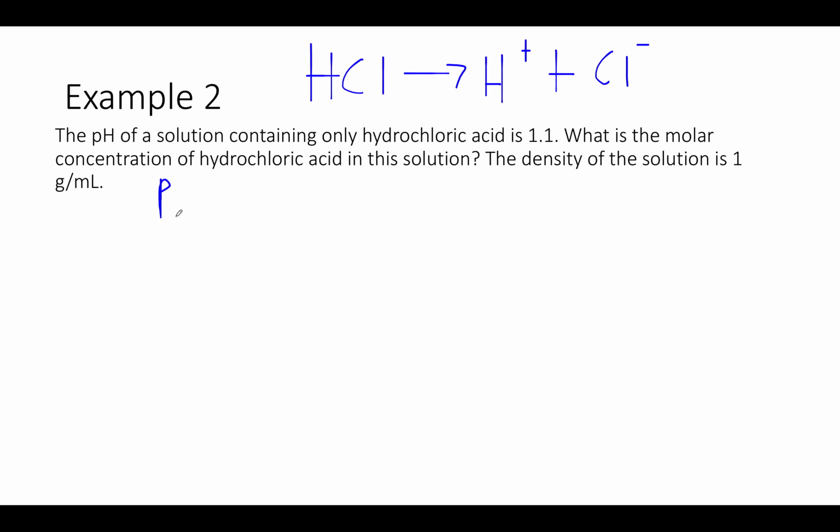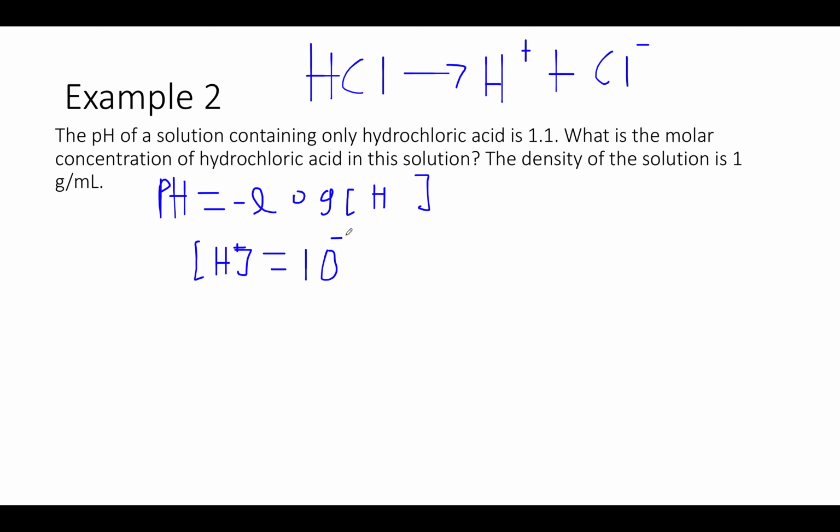And the pH equals the negative log of the hydrogen ion concentration. Now, since it's a 1-to-1 ratio of acid to hydrogen ion, if we find the concentration of the hydrogen ion, that's going to be equal to the concentration of the acid, because it dissociates 1-to-1. So for the hydrogen ion concentration, remember, you have to take the negative inverse of the log.